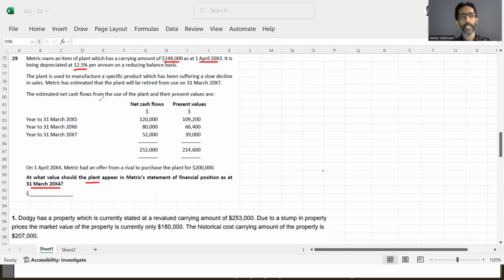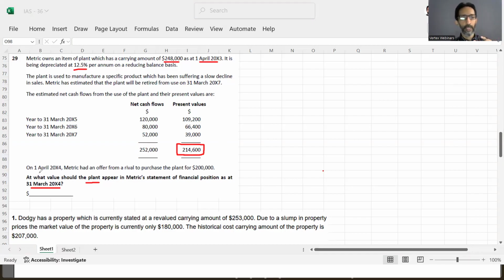The estimated net cash flows from the use of the plant and their present values are given. In this case we do not have to multiply them by the discount factors, as we have already been provided with the present values. The sum of the present values, the net present value, is 214,600. This is one of the factors of the recoverable amount.